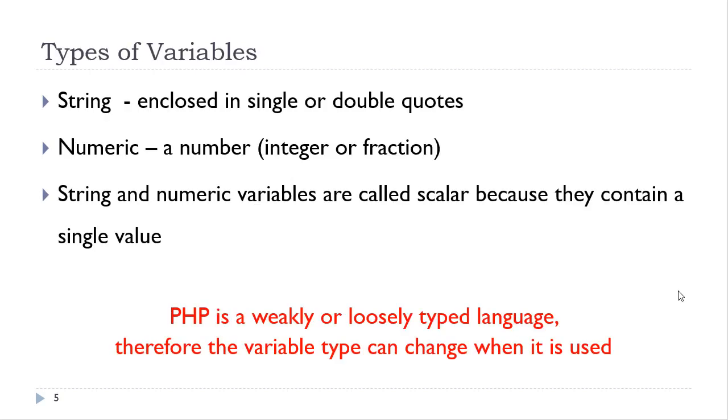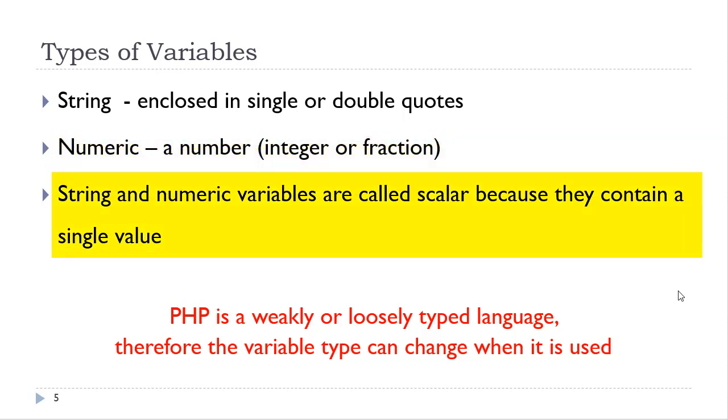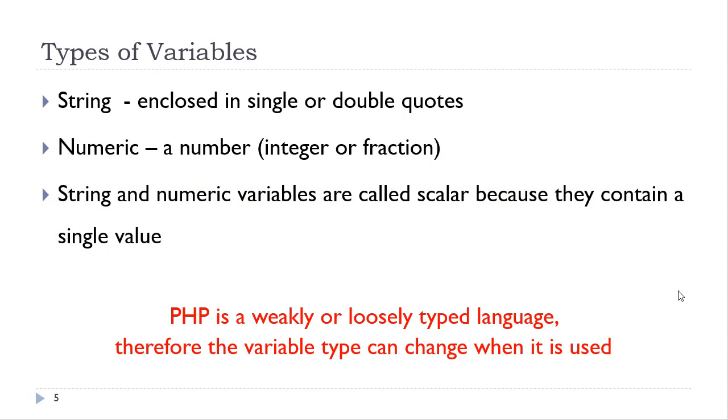In PHP, we essentially have string and numeric variables. A string variable, or I guess I should say the value of the variable, would be enclosed in either single or double quotes. A numeric value would be a number, and that can be a whole number, an integer, or a fraction. String and numeric variables are called scalar because they contain a single value.